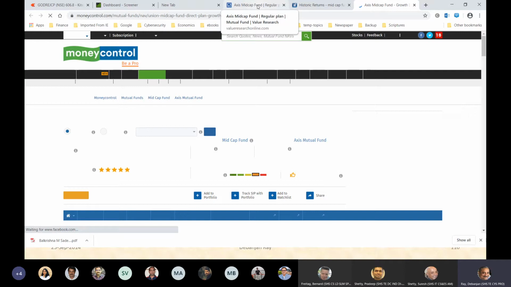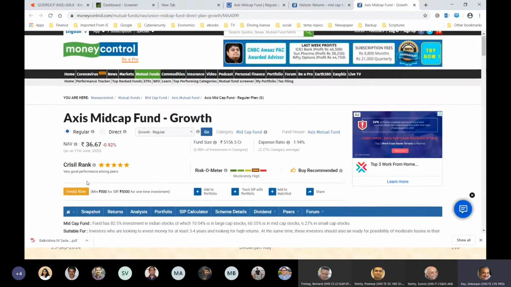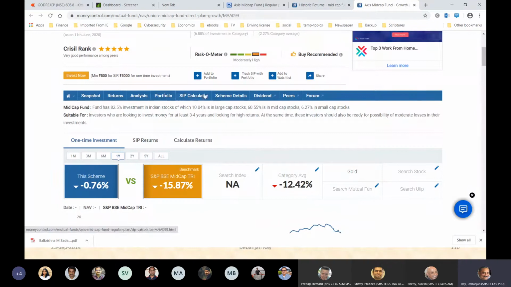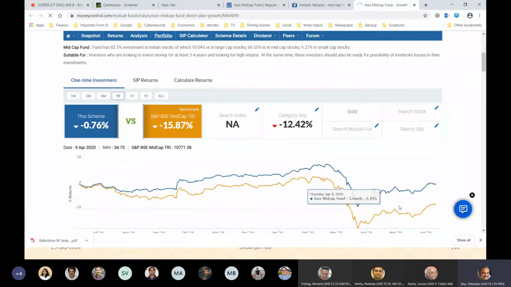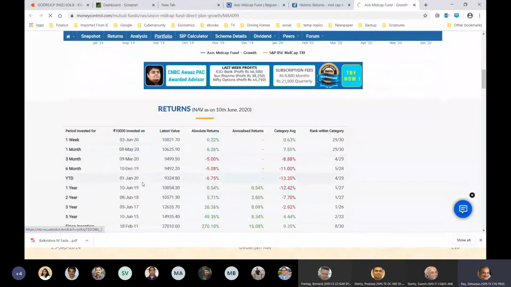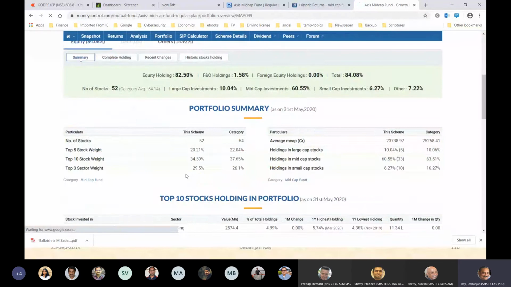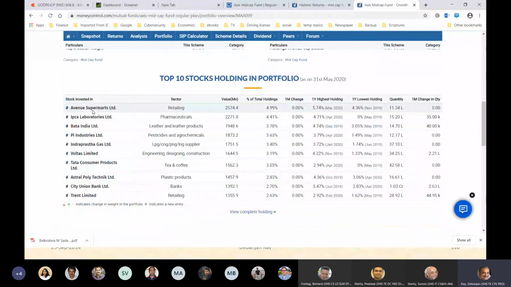Now, don't always depend on the mutual fund, because whether it is Axis or something else, here also you can go to the portfolio and select the portfolio summary. You can see the same things happening.